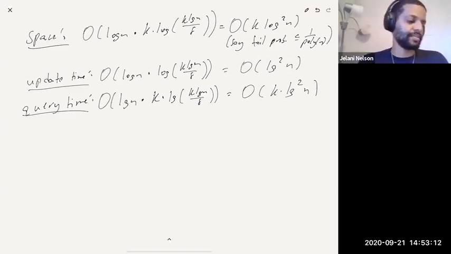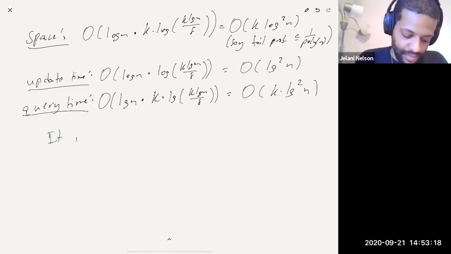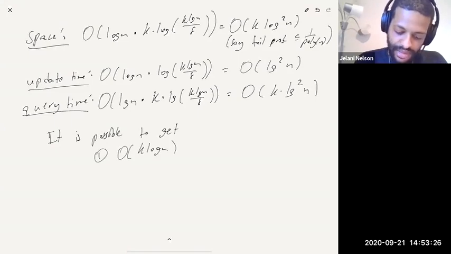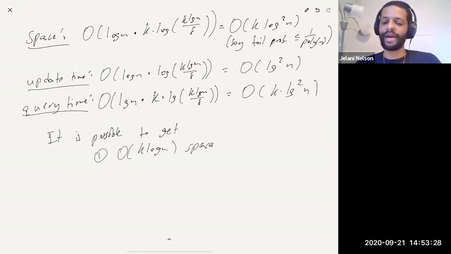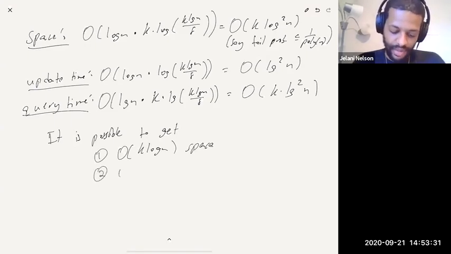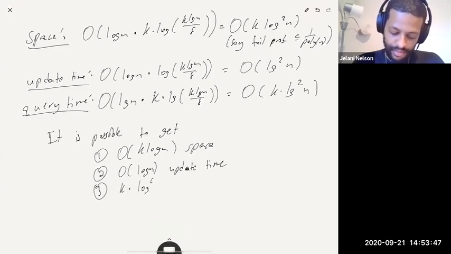Okay. It turns out that this is suboptimal. So it is possible to get O of K log n space, just like the bad reduction, O of log n update time, and K times polylog n query time.